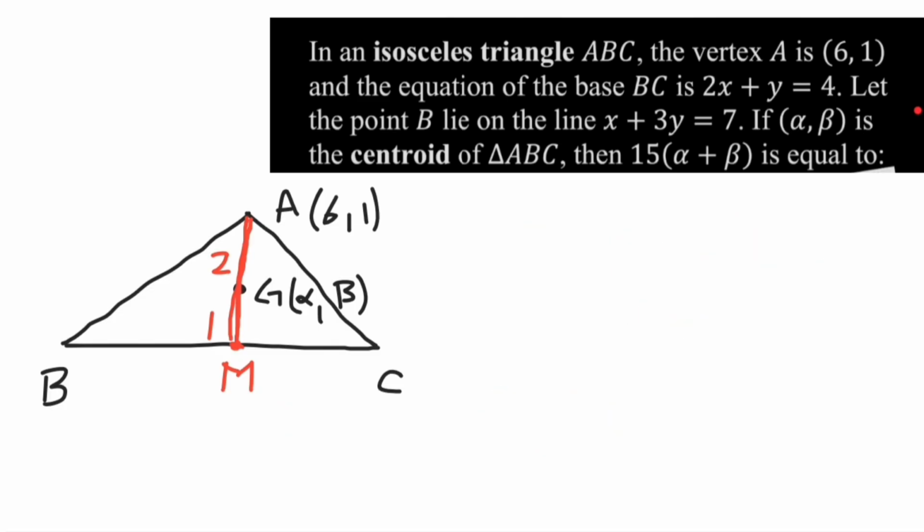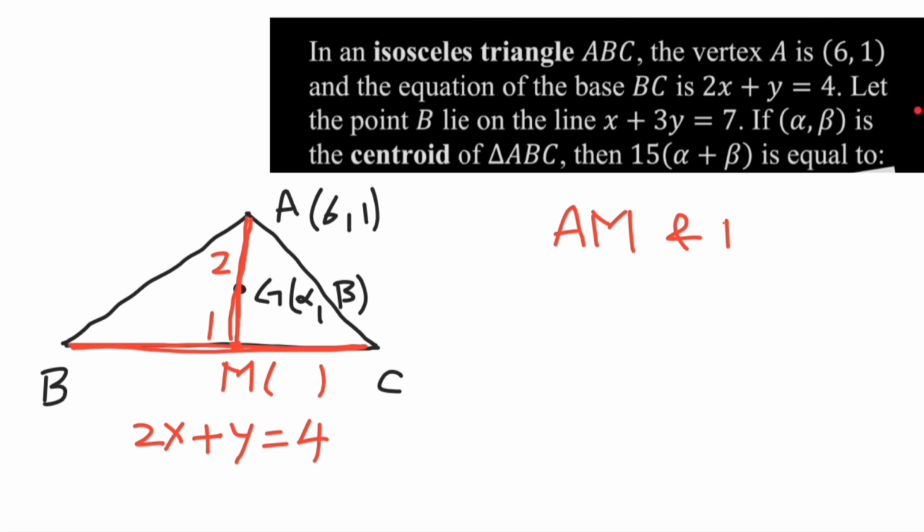We know that the BC line equation is 2x + y = 4. How can you find the M point here? AM and BC are perpendicular, isn't it? So if they are perpendicular, the product of their slopes is going to be -1. Let's find the BC slope.